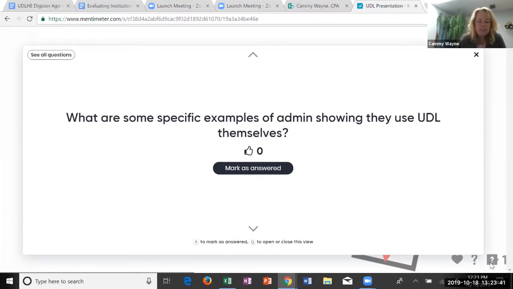So when the president presents during those faculty orientations where everyone is required to attend, they'll use some UDL principles, and at the end they'll actually say, we've used UDL to present this, and how did you like that? And we'll get to a point where you can see other uses of how administration are doing this.